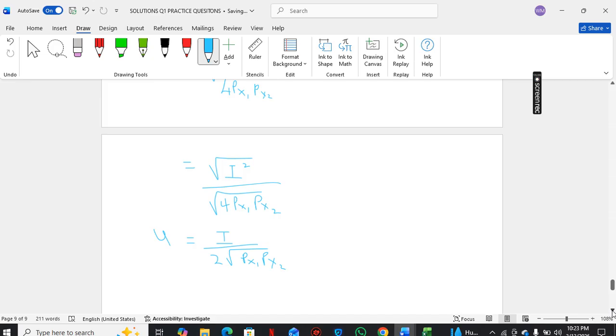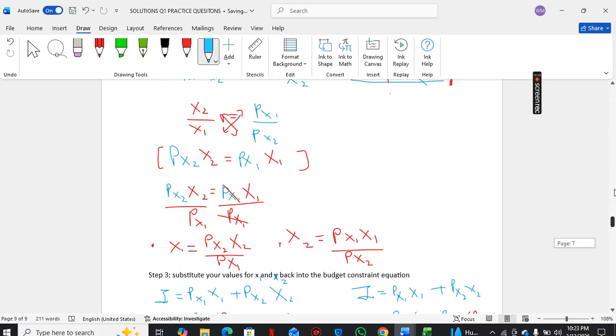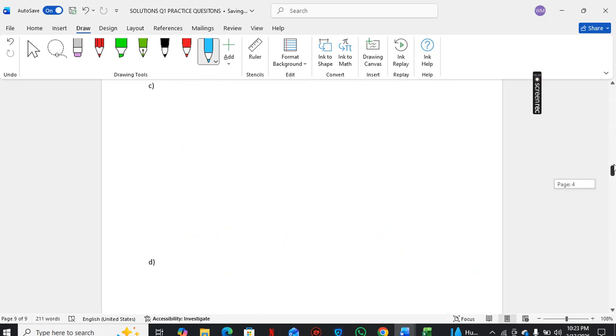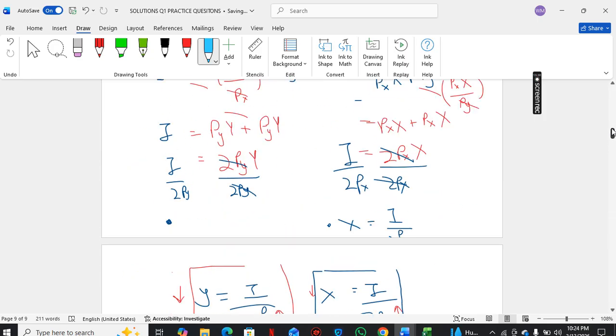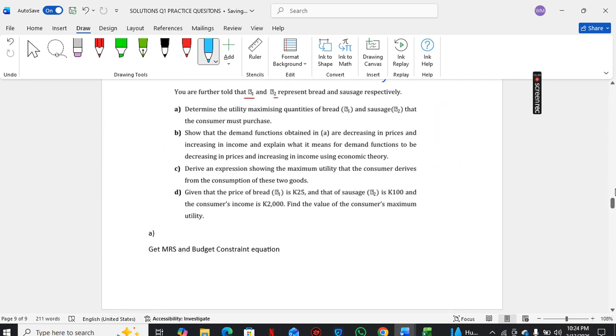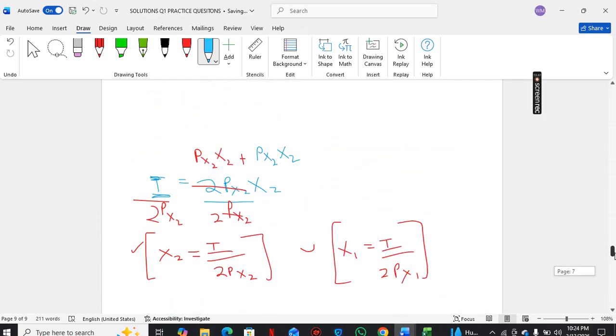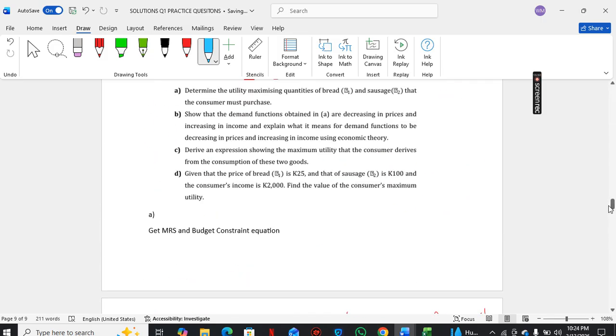Any questions? So yes, we've got the indirect utility function.